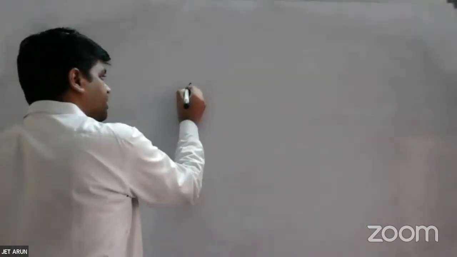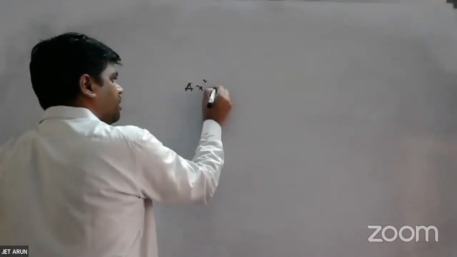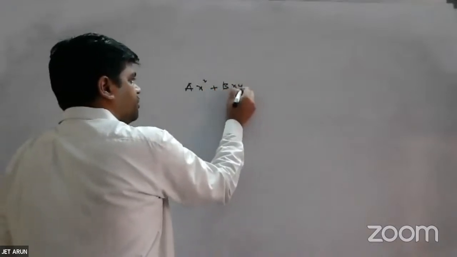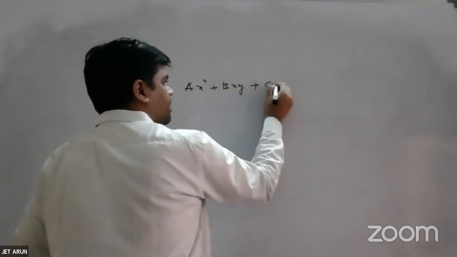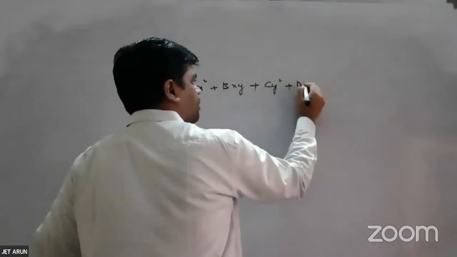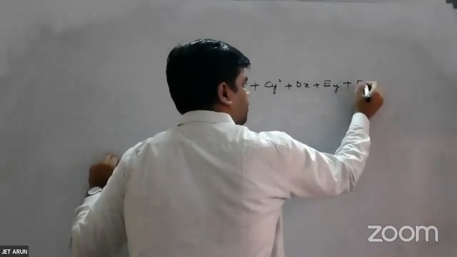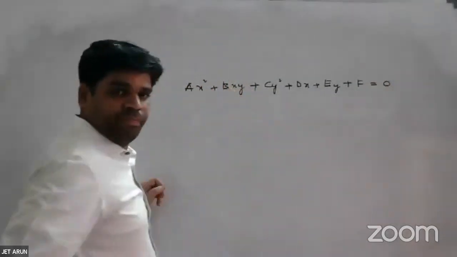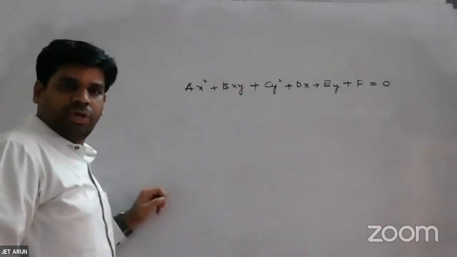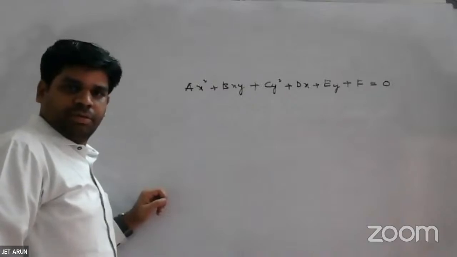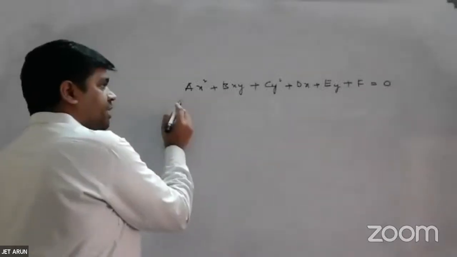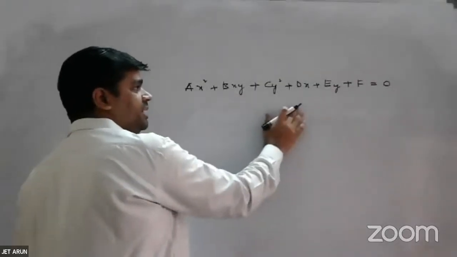So let's say I've got an equation ax square plus bxy plus cy square plus dx plus ey plus f equal to 0. Now look at the way I've written A, B, C, D, E here.